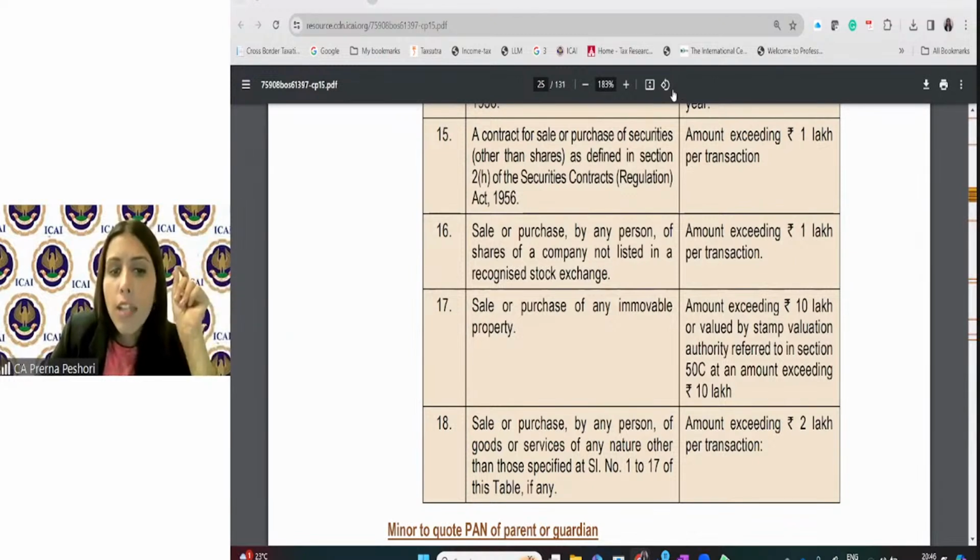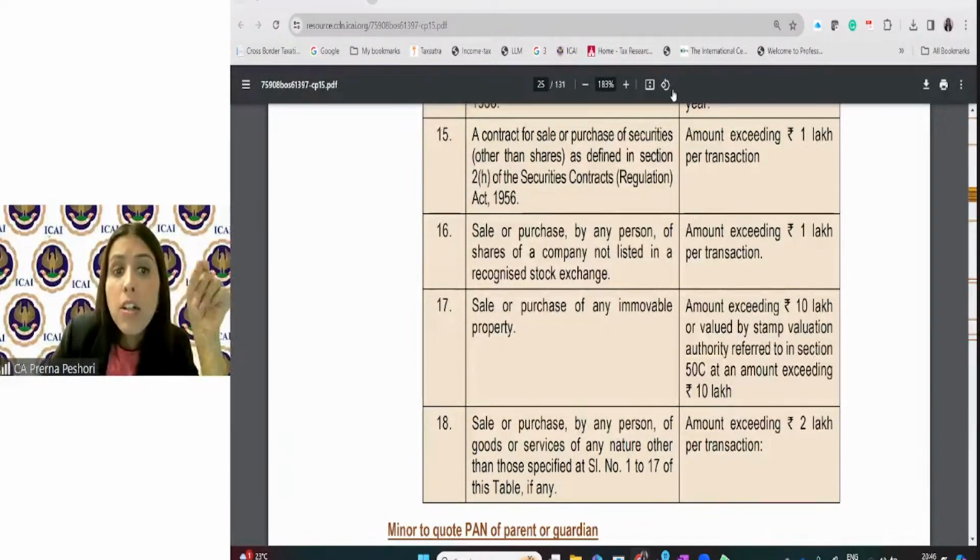Now, this is not applicable to non-residents. Non-residents are not required to obtain PAN in respect of transactions like the sale or purchase of immovable property. Even if it exceeds rupees 10 lakh, non-residents are not required to obtain the PAN for that.